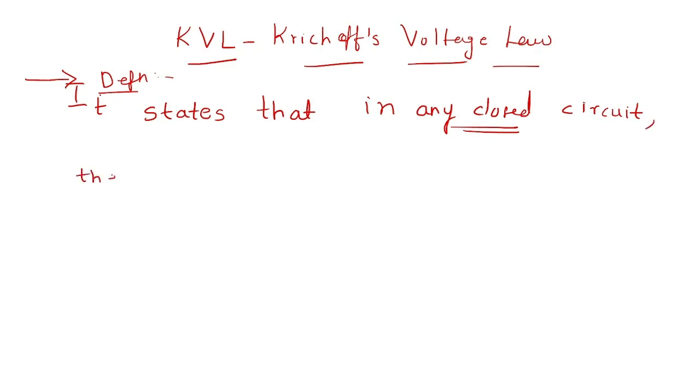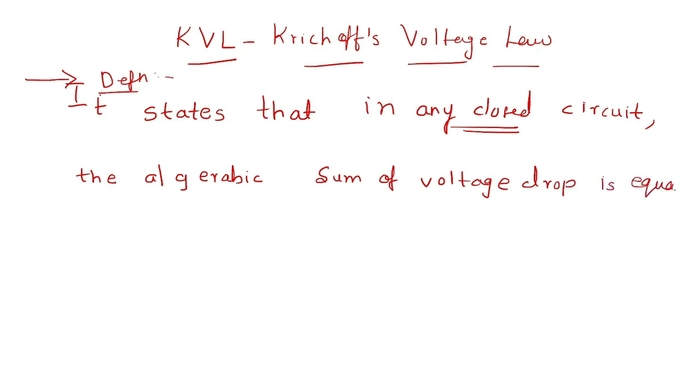So in any closed circuit, the algebraic sum of voltage drops is equal to 0.